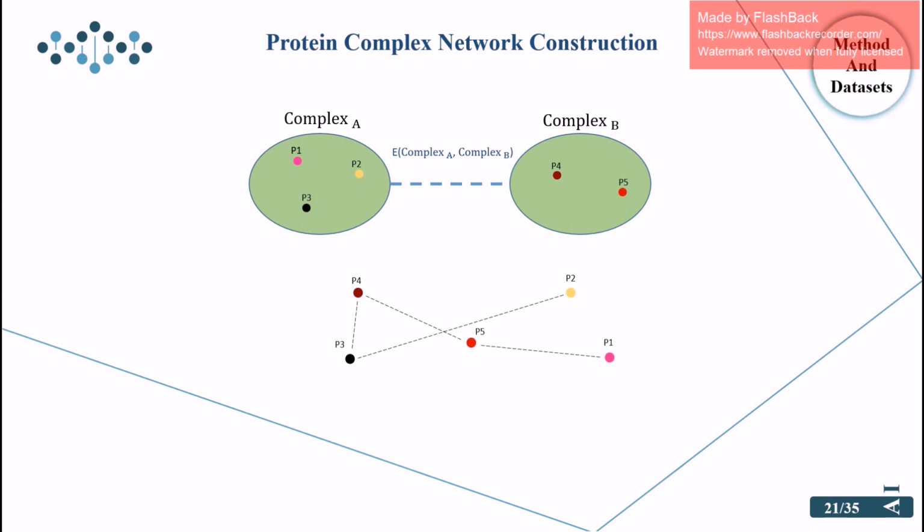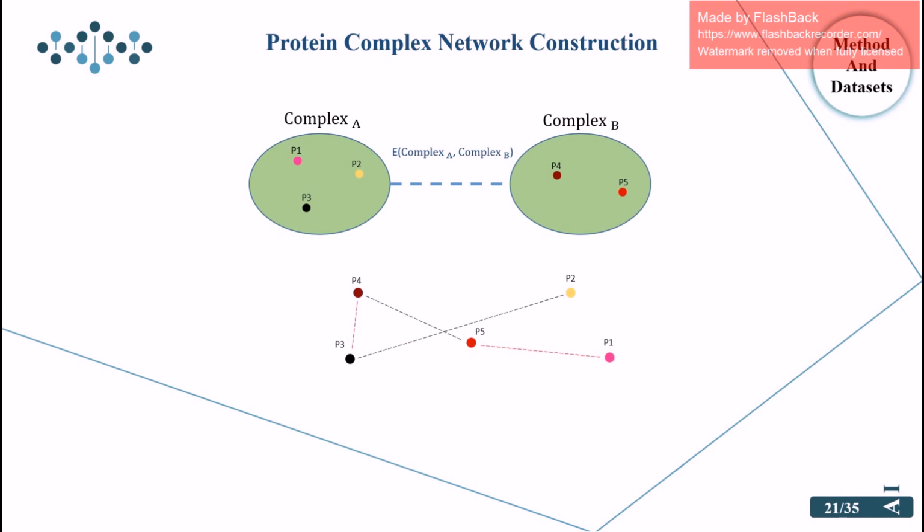For example, P1, P2, P3 belong to complex A, and P4, P5 belong to complex B. P1 and P3 from complex A, and P5 and P4 from complex B are connected together. The degree of closeness between two complexes is higher if we can find more connected proteins.